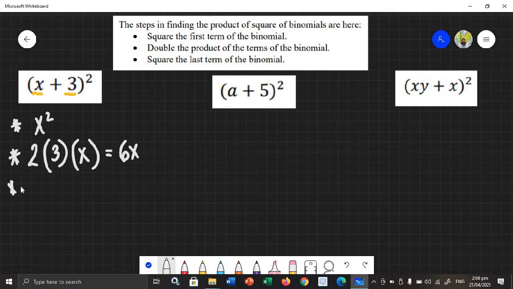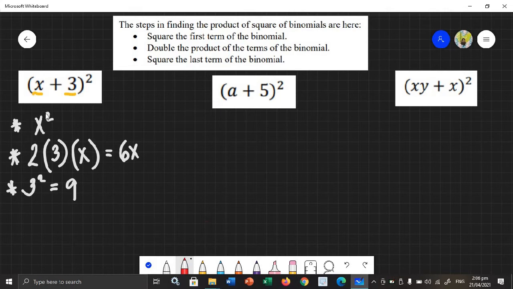Okay? And then for our last step, we need to square the last term of the binomial. So yung last term, ibig sabihin yun yung second term, which is, in this case, 3. So we will square 3. We have 3 squared. And 3 squared, we can still simplify. The answer is 9. Right? After applying the steps, combine natin yung nakuha natin.